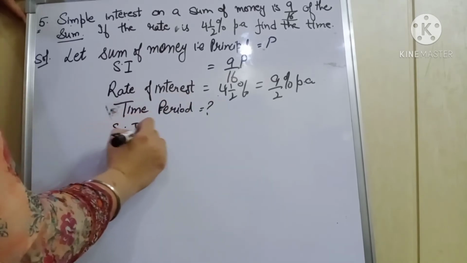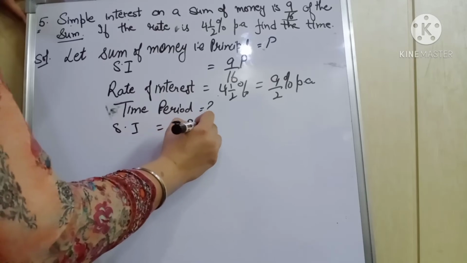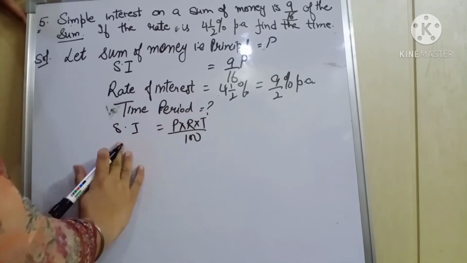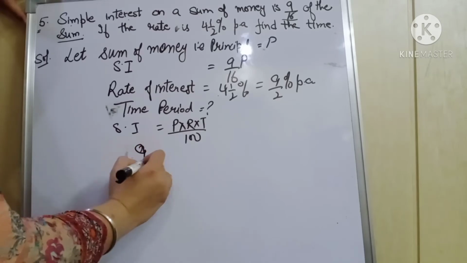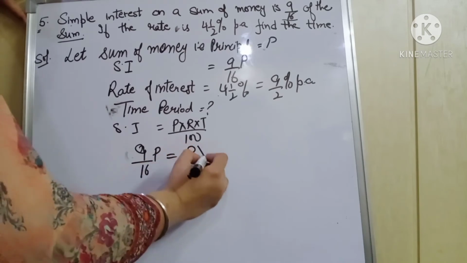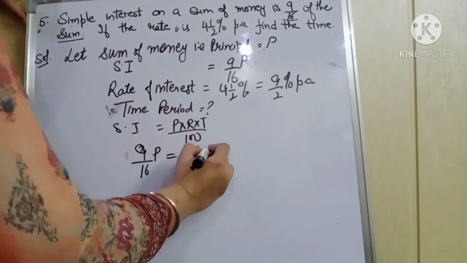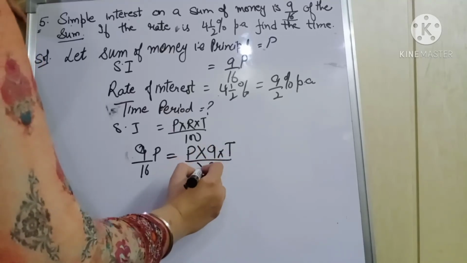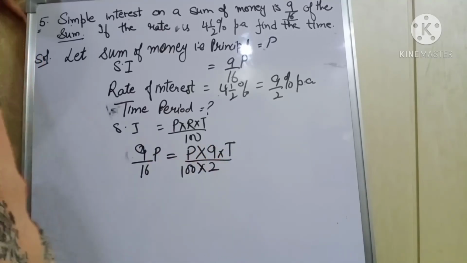You know very well simple interest is P into R into T by 100. So what is the value of simple interest? 9 by 16 P. And what is the P? Principal. Rate of interest you were having 9 by 2. Time period you have to find, multiply by 100.